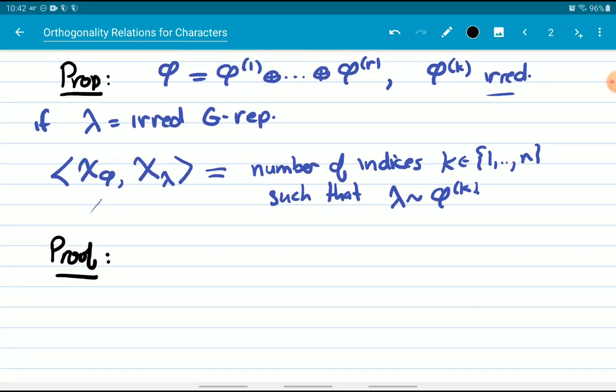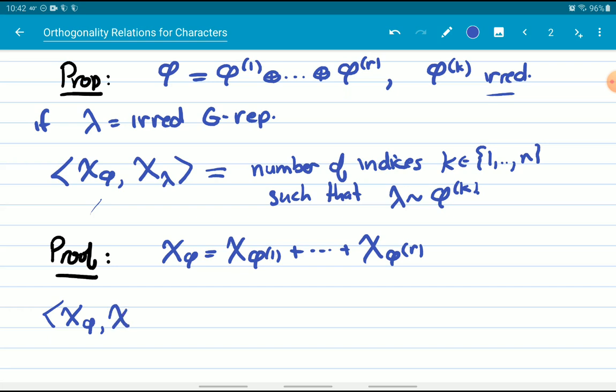The proof is just a calculation. We know that the character of the direct sum is the sum of the characters of the summands. So we insert that into the formula. Now, because it's an inner product, it's additive in both variables.